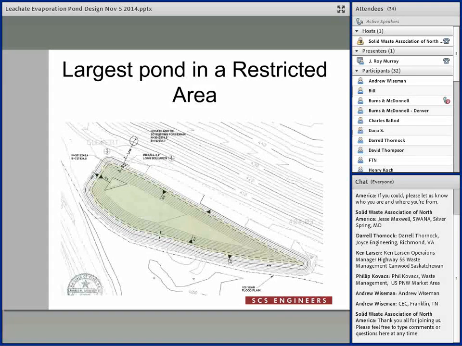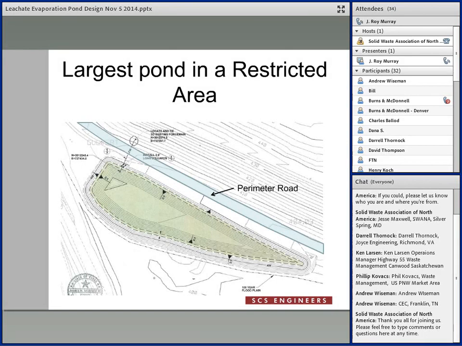This is a pond where, once again, all those calculations weren't needed. The site had very little room to place a leachate evaporation pond, and so they just said, give me the largest pond we can get that we can fit in there. So here we go. We have the perimeter road, the landfill's on the other side of the perimeter road.